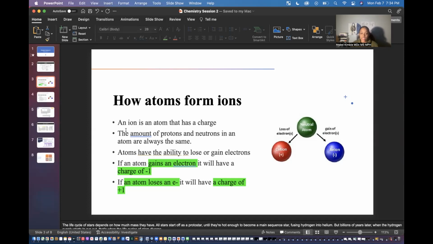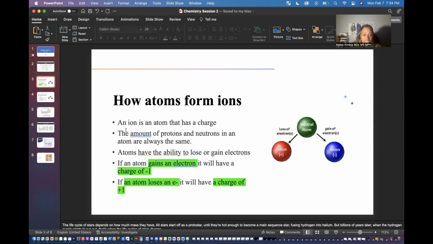All those things lead to this point of atoms forming ions. From group 1 all the way to group 7, group 1 is going to have 1 valence electron, group 2 is going to have 2 valence electrons.